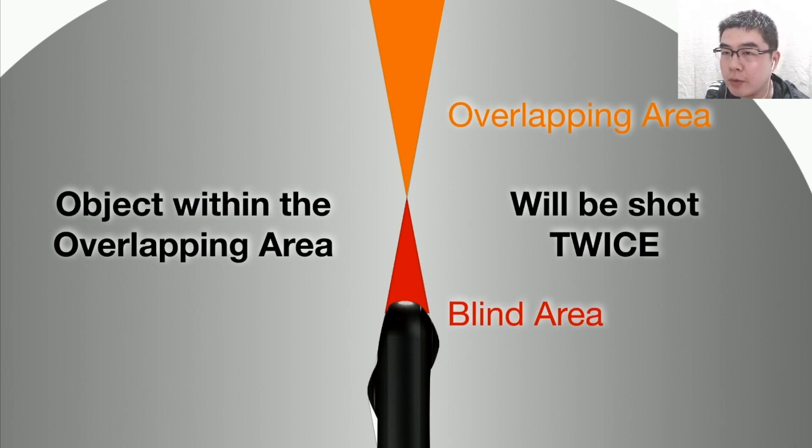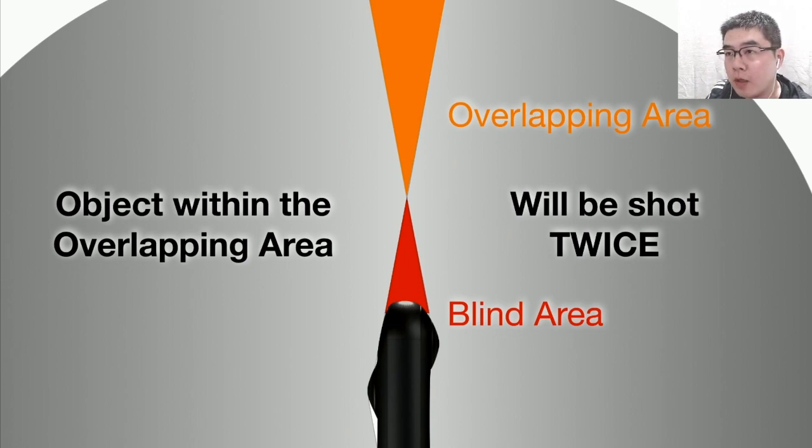And next, how do we think of the overlapping area? So the overlapping area, you can see the original triangle. Every object within the overlapping area will be shot twice, right? But you should be careful. You should never put objects too close so that your object will dive deep into the blind area, so they will not be captured by this camera.